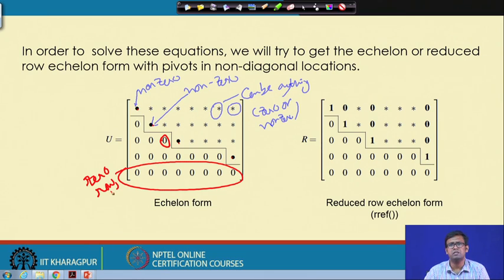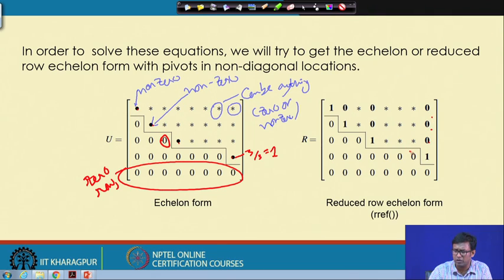And this matrix can be converted into a reduced echelon form. For example, if this has a value 3, and I divide this row by 3, this will be 1, and we get a reduced form. Then we will subtract this 1, multiplied by a suitable multiplier, from all these terms, and we will get all these terms to be 0.